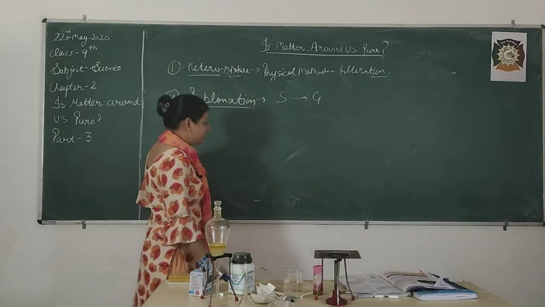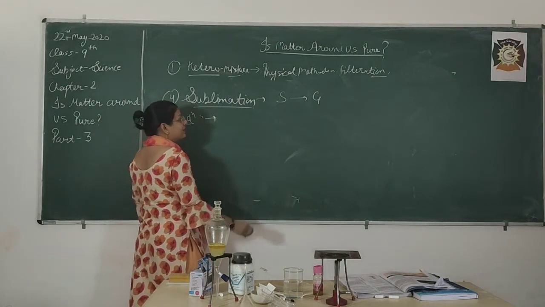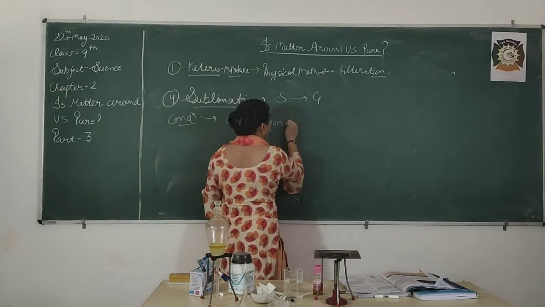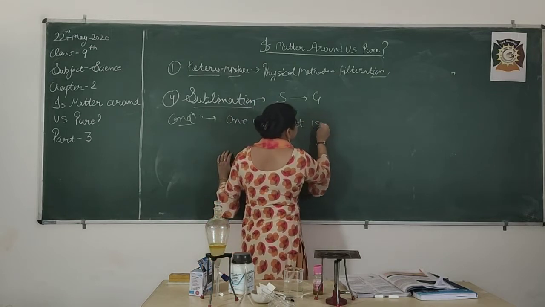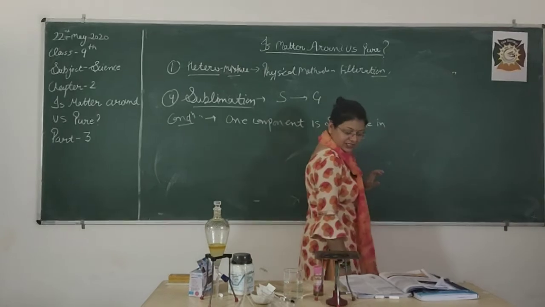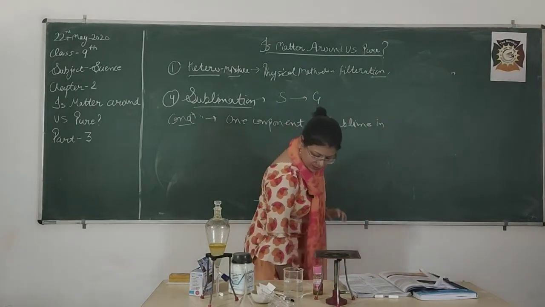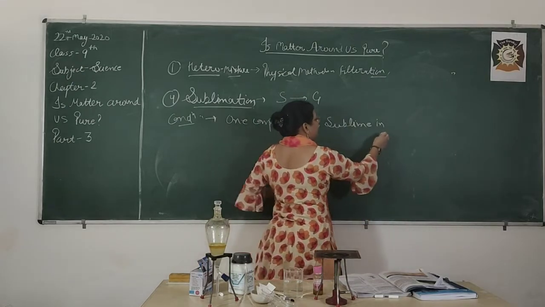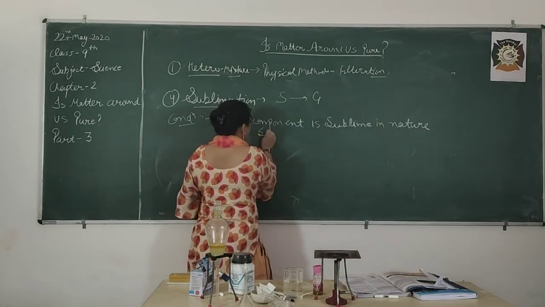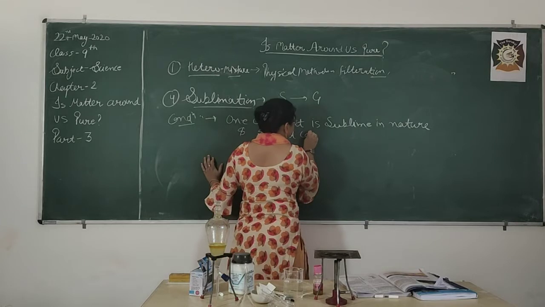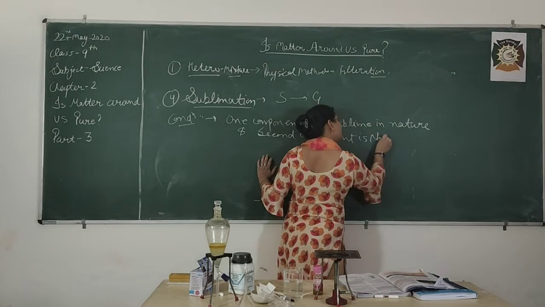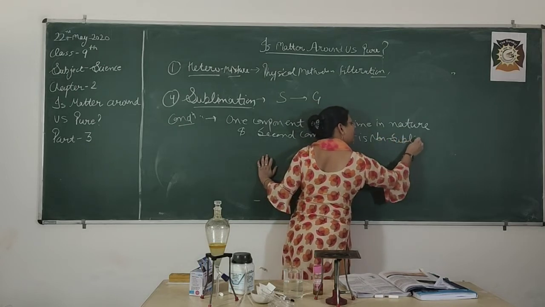Firstly, the condition to use this process. The condition for sublimation is, bachche, one component is sublime in nature, and the second component is non-sublime.